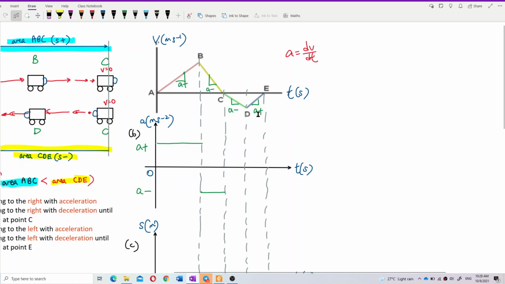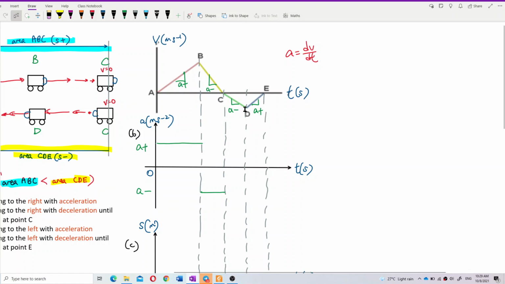Now how about CD? BC and CD both are negative gradient. You see that? Negative gradient, so both are negative acceleration. But CD is less steep, BC more steep.